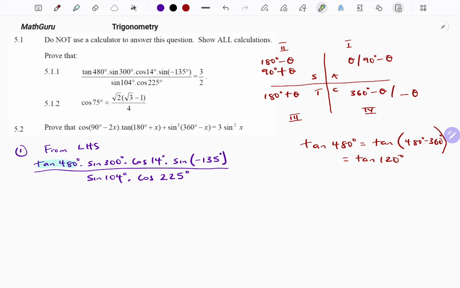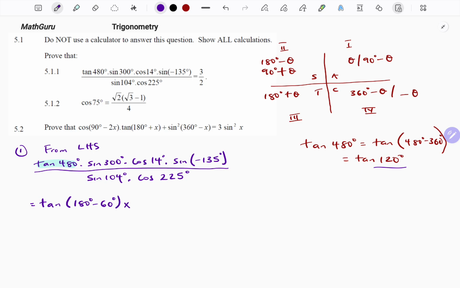If I go back to my CAST diagram, 120 degrees falls in the second quadrant, so the reduction I'll be using will be 180 minus theta. So tan of 480 will be the tan of 180 minus, because I'm going to 120, I need to take out 60 degrees.